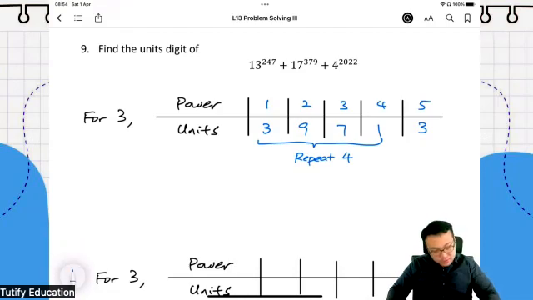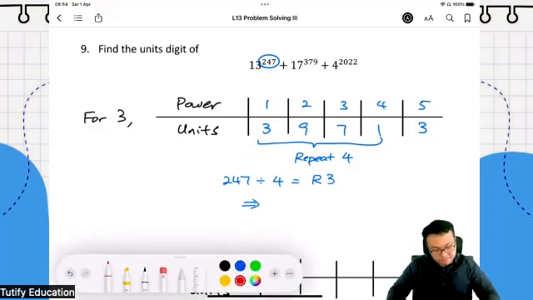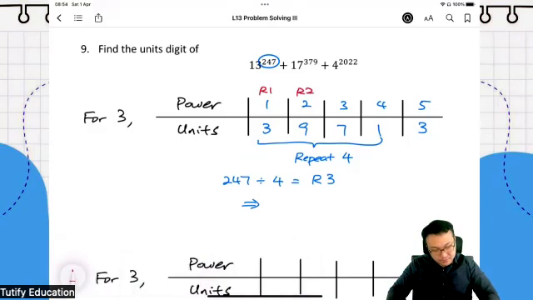You want to find out for 247 how many times it repeats. You get a remainder of 3. So you look at the third number in the set, which is 7. Unit digit 7. So the digit is 7. Well done. Good job, Atava. You did it.